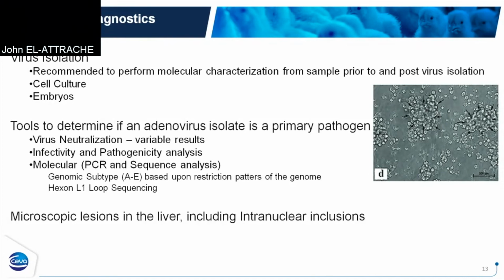Most laboratories are utilizing the hexon, which I showed you on the virus. It basically holds up the fibers that attach to the cells. We've sequenced these hexons, and we're able to differentiate all the genotypes associated with inclusion body hepatitis. And again, for this disease and this particular virus, there's very good correlation between genotype and serotype. And then, as I mentioned, the telltale sign that is definitely a positive is the histopathology.